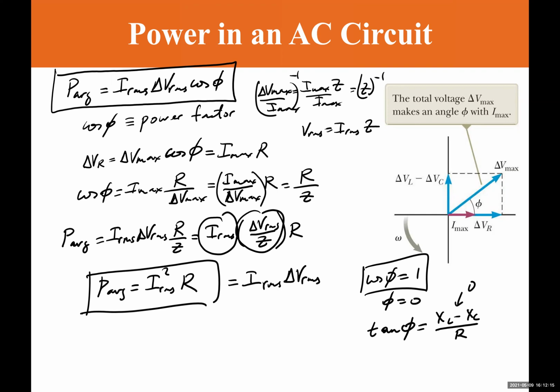Okay. That means you get the maximum out of your circuit. All right. And in this case, there are no power losses associated with the ideal capacitors or ideal inductors. They're basically removed as a device from the circuit.